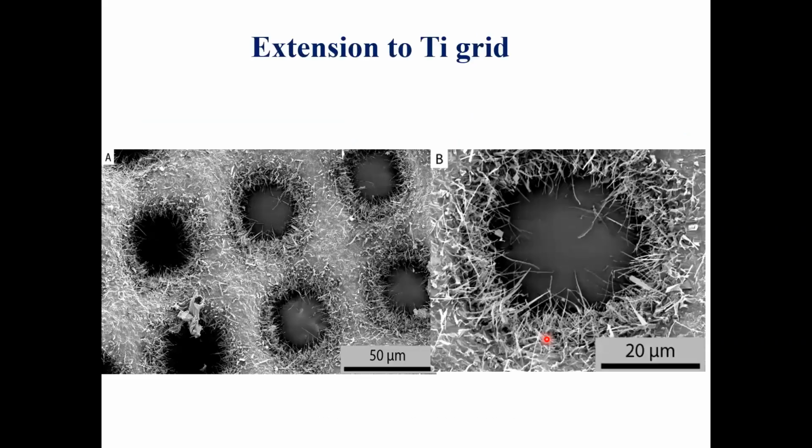So you can see if you take a titanium grit that people often use for doing microscopy, which is available with holes, these are titanium. Then by doing this argon process, you can create these TiO2 nanofibers. And this would act like a reaction cell.